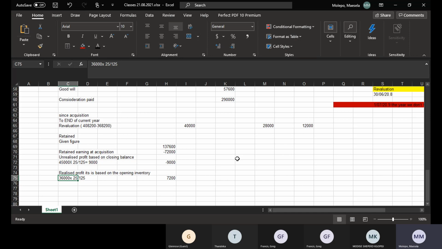The balance on 1 July 2007 of the inventory was the closing balance on 30 June 2006. You remember, right?